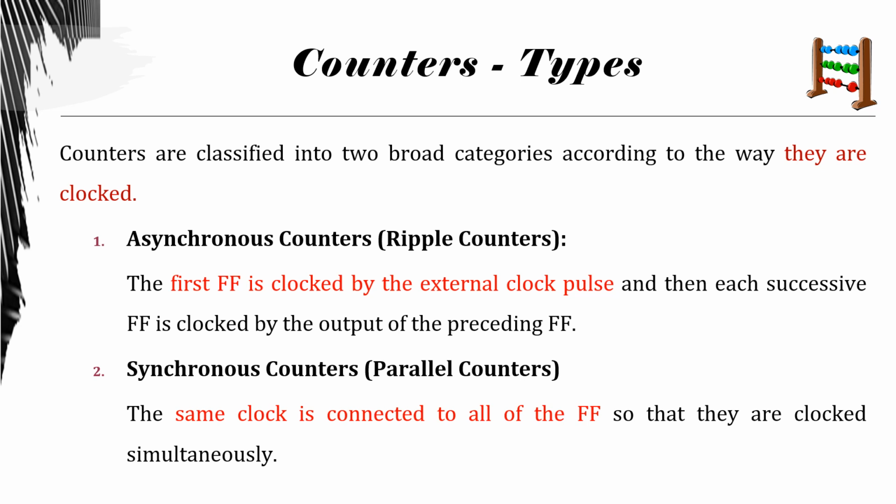The second type is synchronous counters, which can also be called parallel counters, because the same clock is connected to all of the flip-flops so that they are clocked simultaneously. So all the flip-flops will be activated by the same clock.